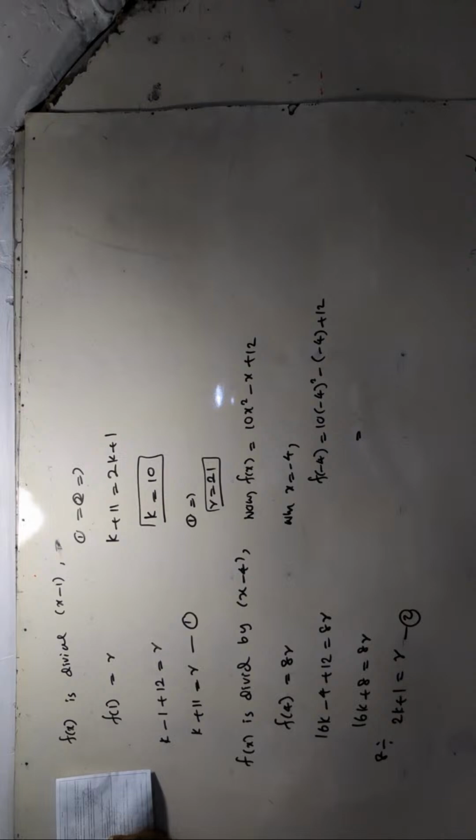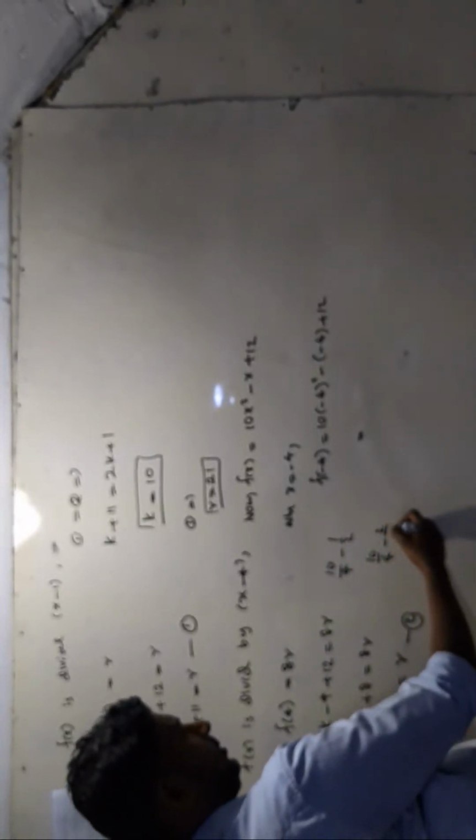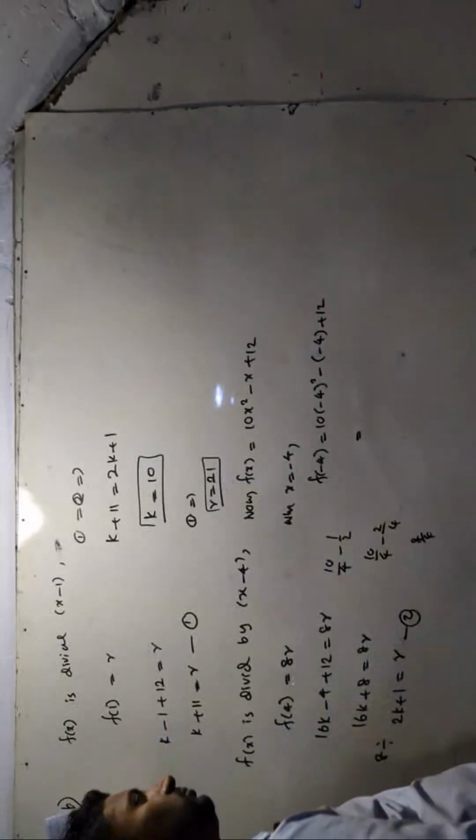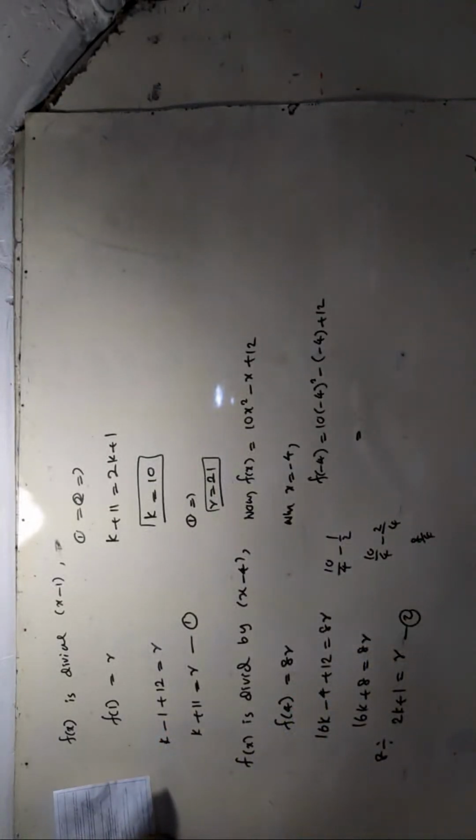Half: 10 over 4 minus half. 10 by 4 minus 2 by 4. 8 by 4. 2 and 12 and 3. No. We can't find a factor. X plus 4.